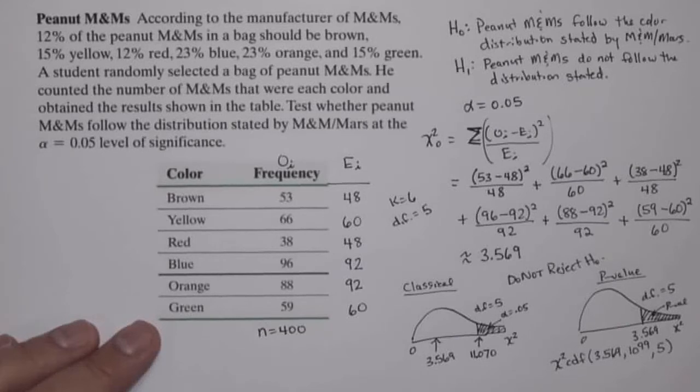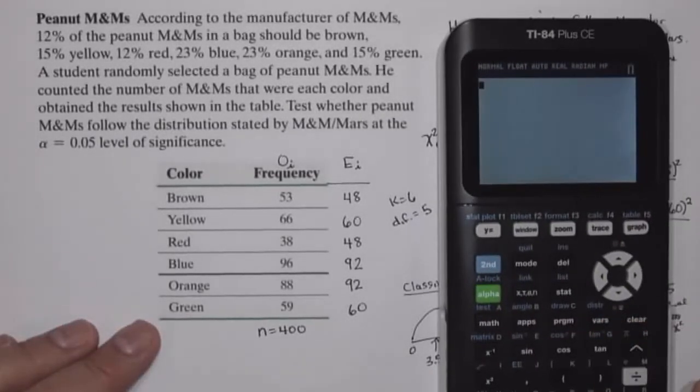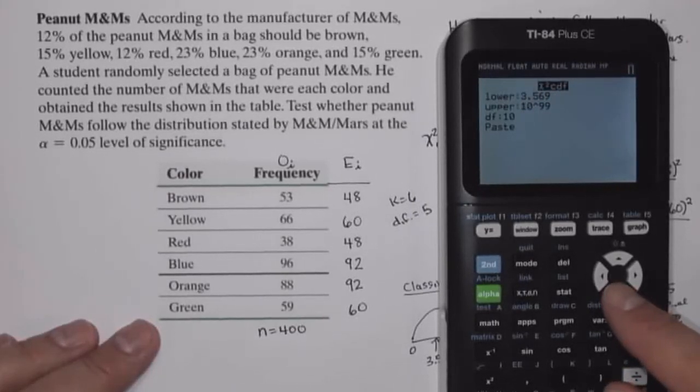I could also use the chi-square calculator in StatCrunch as I showed you previously. So if I bring in my calculator, distribution, option number 8, chi-square CDF. We have 3.569 as our left bound. The right bound's a big positive number, so 10 to the 99. We have 5 degrees of freedom.